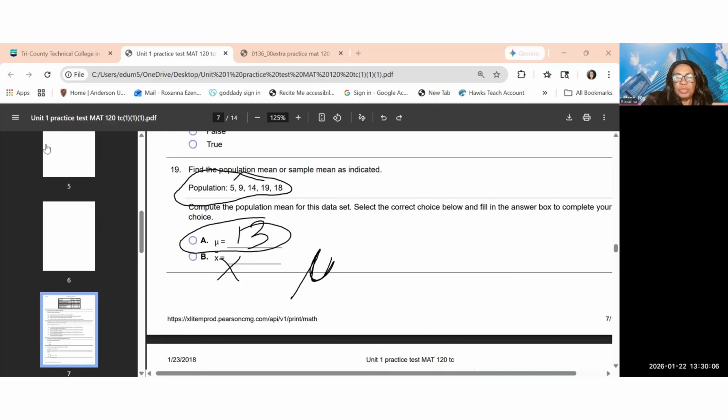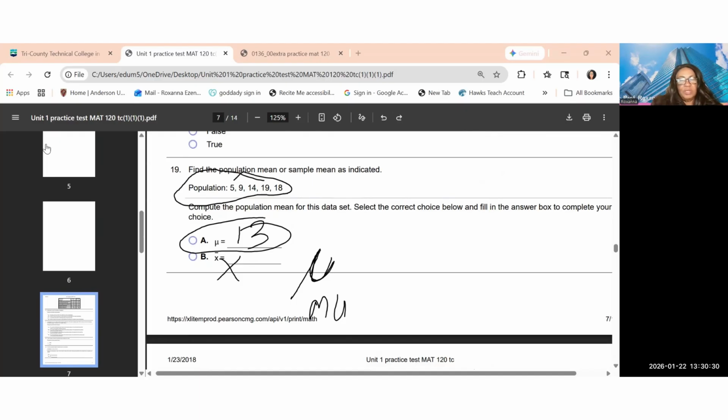The Greek letter mu is called mu. So you write it in the first one, the mean of a population, mu. Mu is 13.